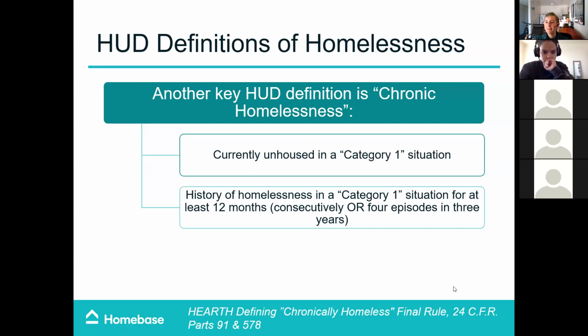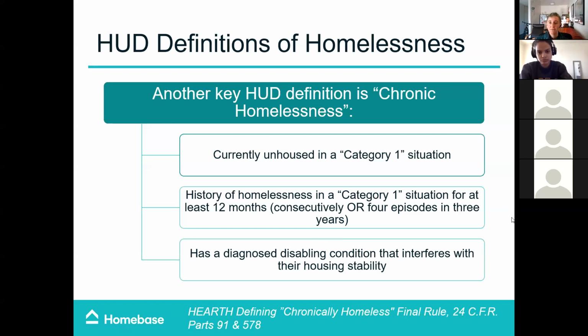So you can start to see that this documentation of eligibility for chronic homelessness could get quite complicated, because not only are you determining that a person is unhoused currently, you have to look back over maybe the past 12 months and establish where that person was living, but potentially over the past 3 years to find those 4 episodes of someone being unhoused.